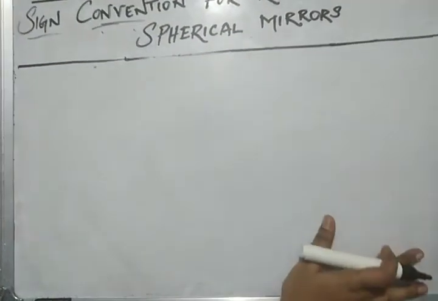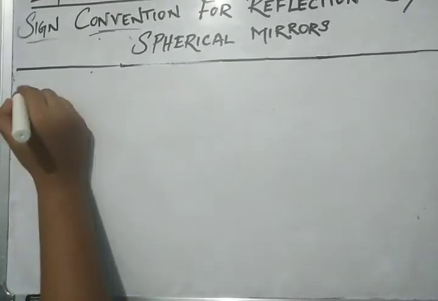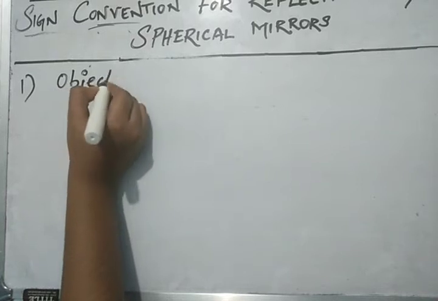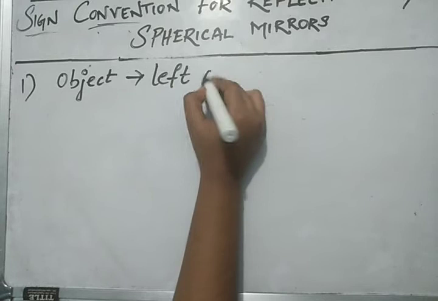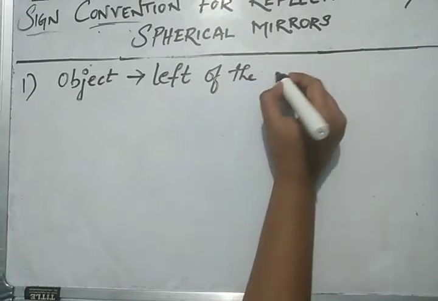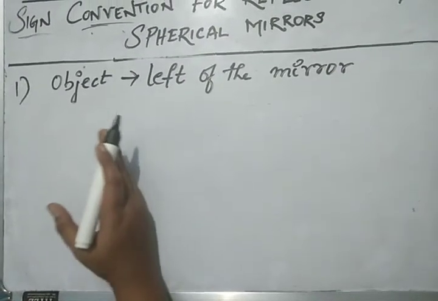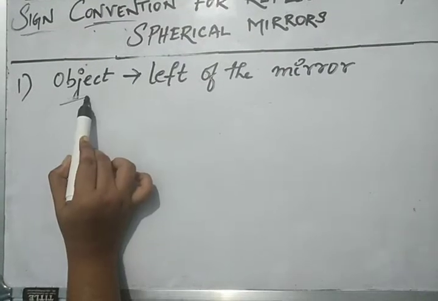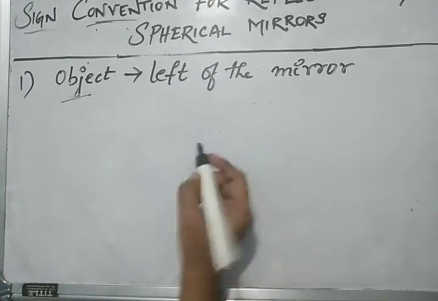So the first sign convention that we are going to follow is that the object is always placed towards the left of the mirror. That means the light from the object always falls on the mirror from the left hand side.